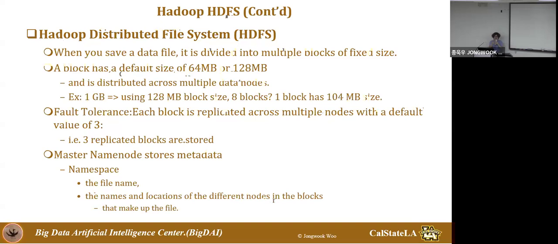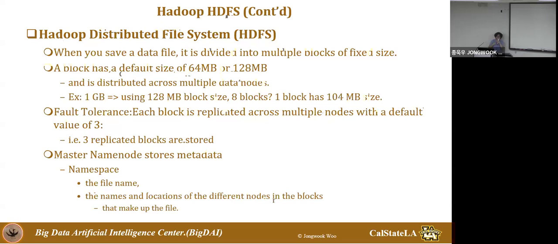So when I manage these 3 servers as a master, the only thing I need to remember is the file name, the blocks that compose this file, and where those blocks reside. Which node keeps those blocks.